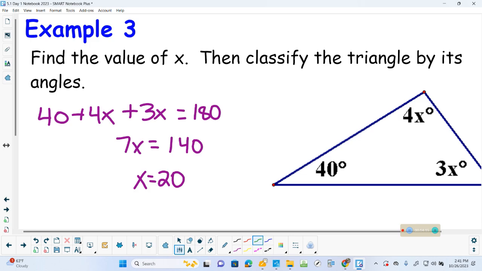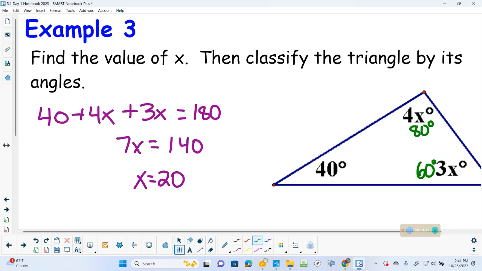They might even ask on the homework, just to give you a heads up on the directions, to give the measurement of the other angles. AKA, put your 20 in here. 4 times 20, 3 times 20. I know this one doesn't specifically ask for it, but they might on the homework, so I'm just reminding you how to do that. Now, 40, 80, 60.